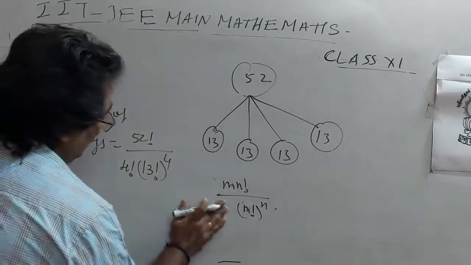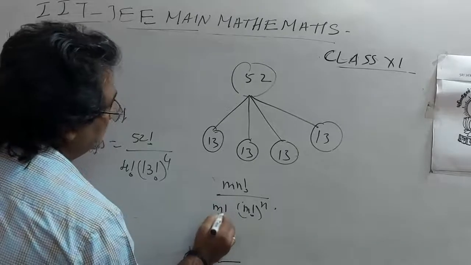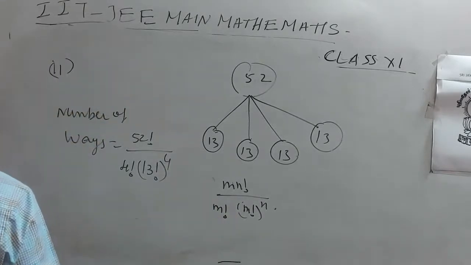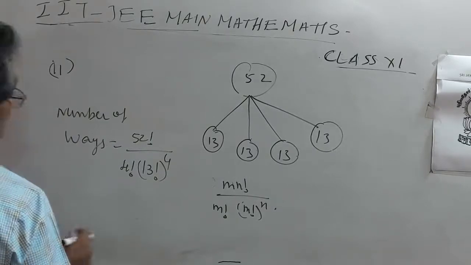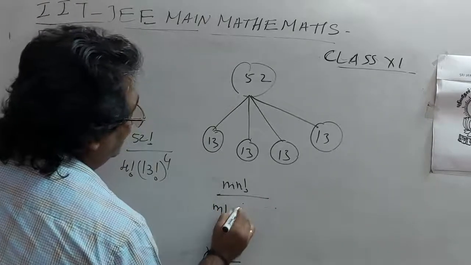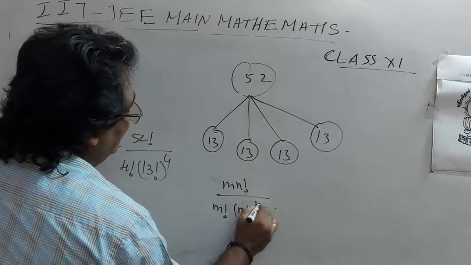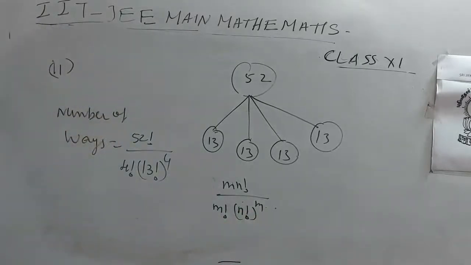So 1 by m factorial, n factorial power m, m groups, that is 4 groups.